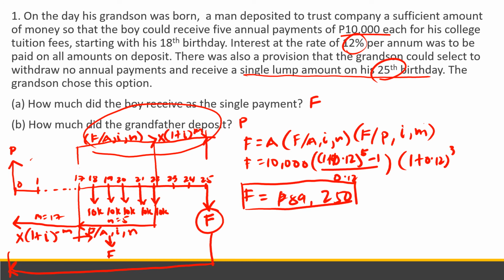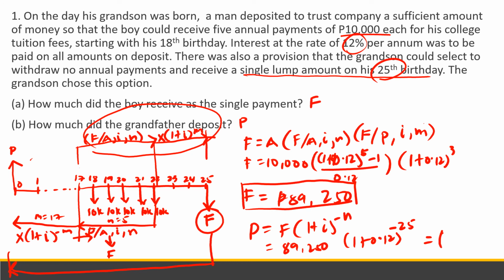So this is simply the compound interest formula. Finding the present worth equals F multiplied by 1 plus I to the power of negative n. So the future worth is 89,250 multiplied by 1 plus 0.12 for 25 years. So P, or the amount deposited by the grandfather, is 5,250 pesos only.